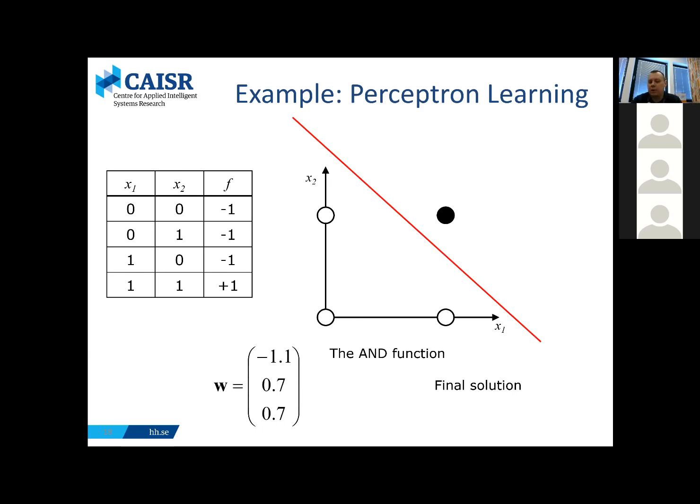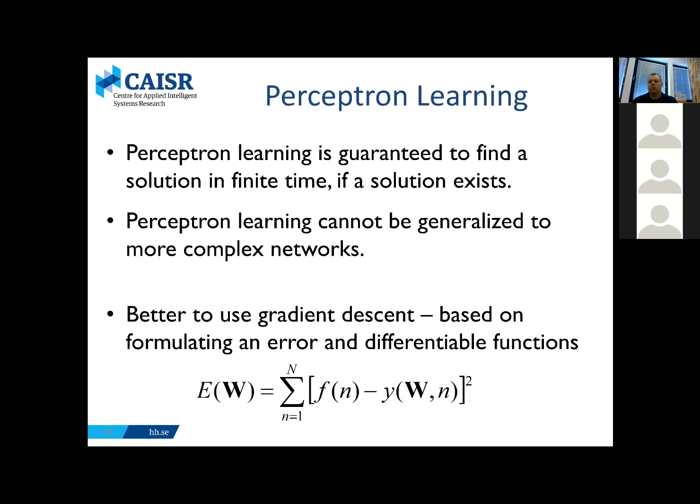But when we think of how the brain is organized, most neurons are connected to other neurons, not to muscles or sensors or eyes or things like that. So the actual artificial neural networks are organized in terms of layers of such perceptrons, or many perceptrons connected to each other. And the problem with such a network is that you need to have a more complicated way of learning it.